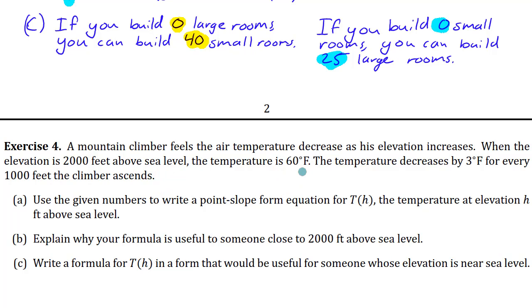And then the temperature decreases by 3 degrees Fahrenheit for every 1,000 feet the climber ascends, which means goes up. So let's use the given numbers to write a point slope form equation for the function T of h, which gives you the temperature at an elevation h feet above sea level.